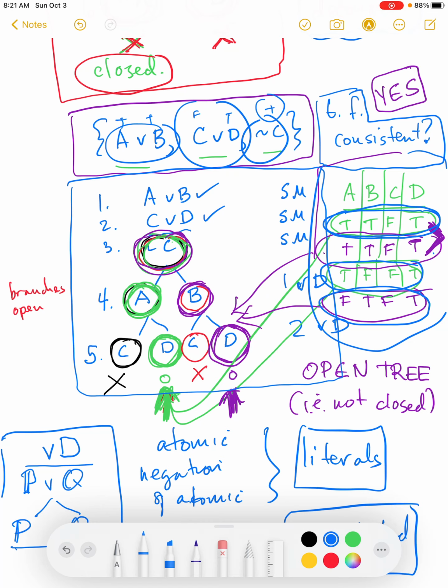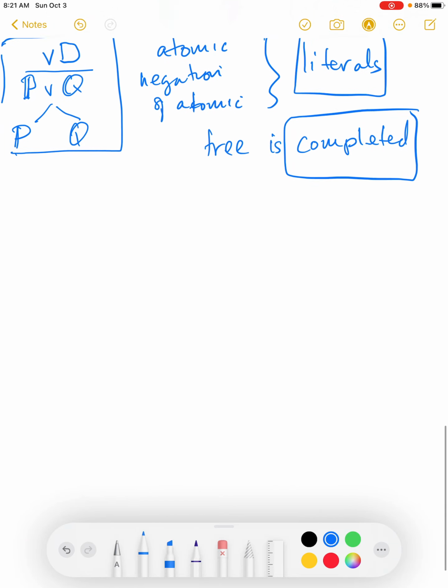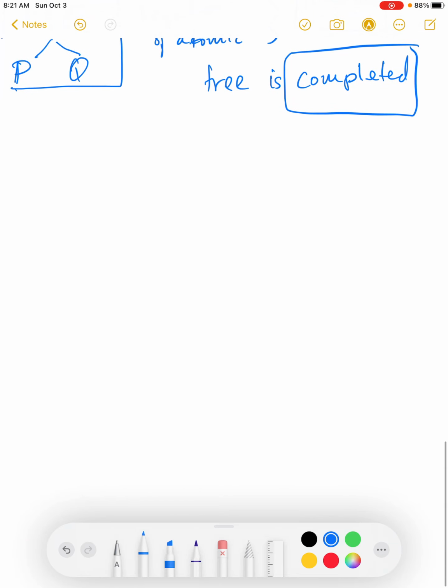There's one more comment I want to make about this tree. I'm kind of milking these two trees. I'm going to scroll down a little bit and just rewrite the original set here.